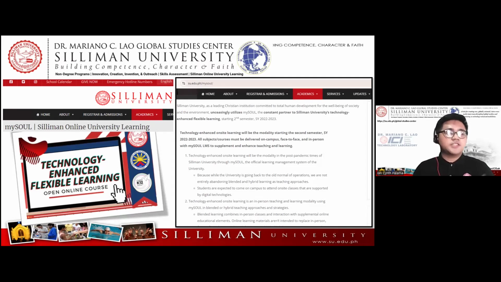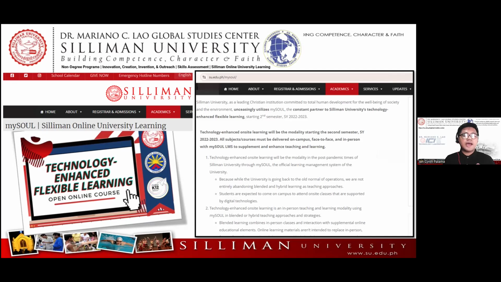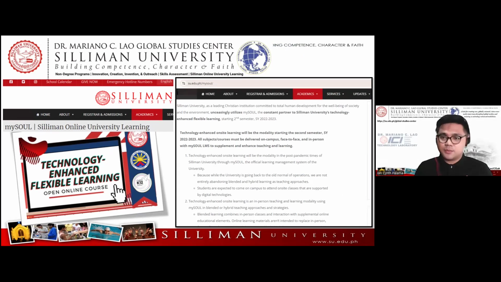That's why some teachers embed their assessment or content in the learning management system, where students can review at home, where students can have supplemental resources aside from their learnings inside the classroom. And that is one way of integrating technology enhanced flexible learning.